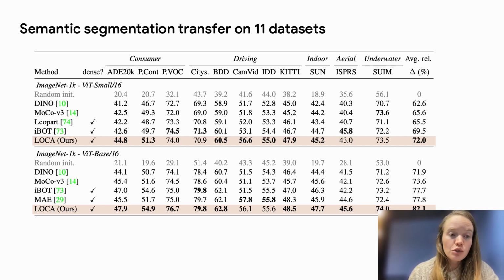And we see that across the board, our method, LOCA, improves previous numbers on these semantic segmentation benchmarks. So in the paper, we also show that our method improves on depth estimation, and also improves over image level supervised algorithms like image classification or CLIP.